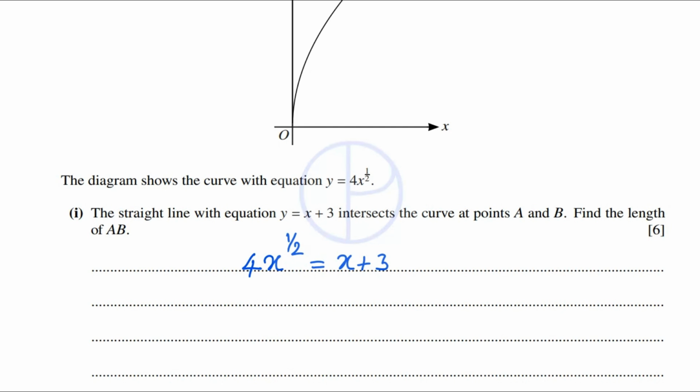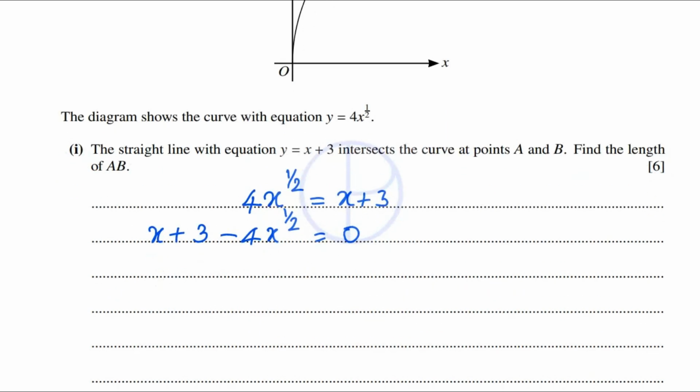So let's bring all the terms into one side. So x plus 3 minus 4x power 1 over 2 equal to 0. Let's rearrange this one. x minus 4x power 1 over 2 plus 3 equal to 0. Let's take x as t square.